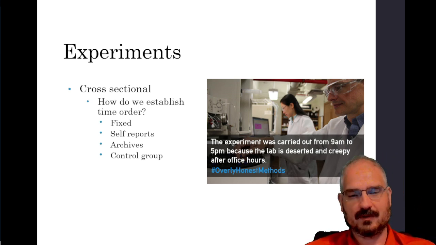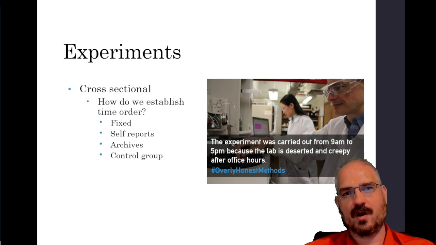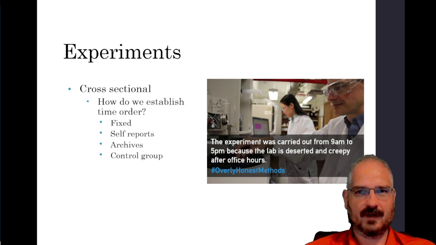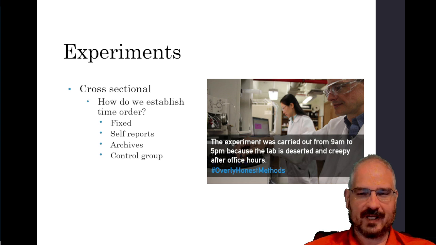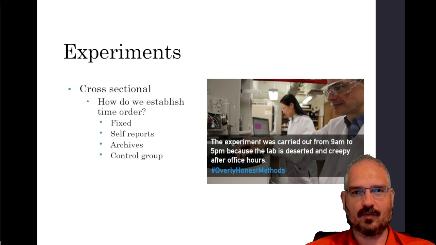What do people in the state of Florida think of the Russian invasion of Ukraine? Let's do a thing. That is a one point in time snapshot of reality, right? And if we're doing a study, if we're doing an experiment that only looks at one point in time, how do we establish that time order requirement for causality?